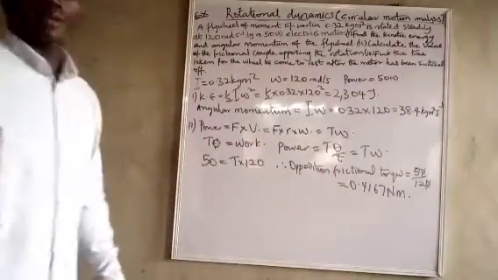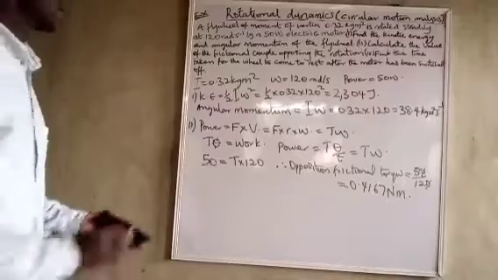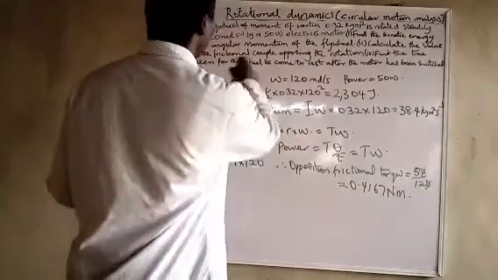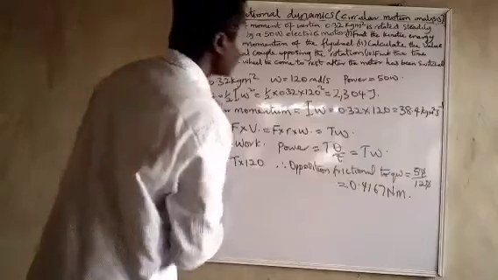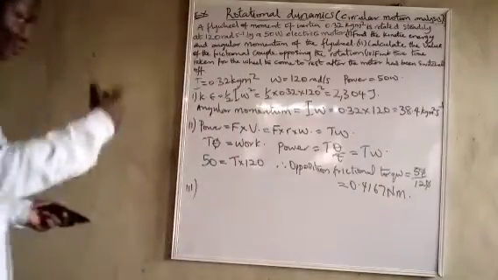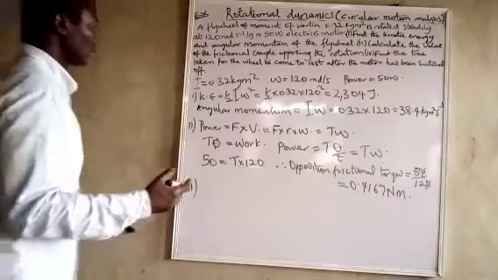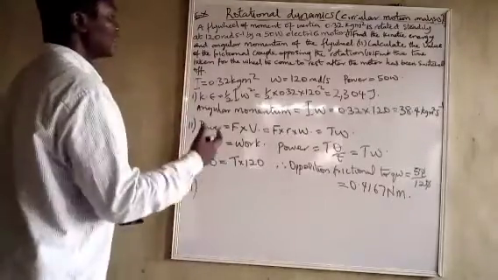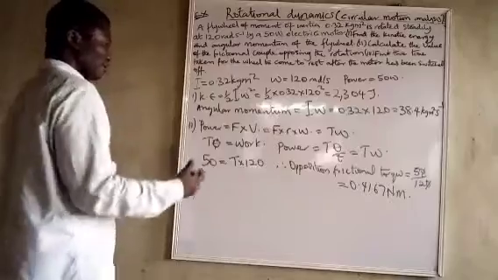Now the next one says that we should calculate the time taken for the wheel to come to rest after the motor has been off. If you remember, in linear motion, the change in momentum divided by the opposing force will give us time.